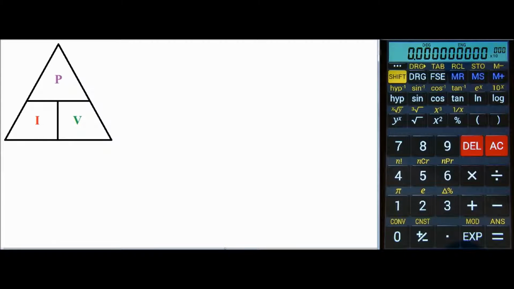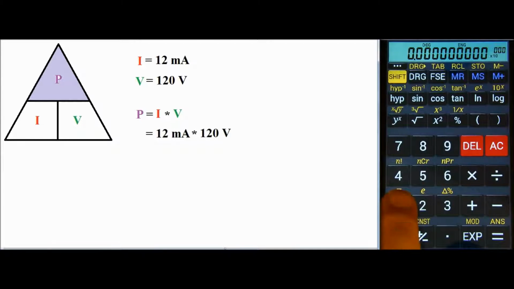Let's do some examples, starting with finding P. We have a current of 12 milliamps and a voltage of 120 volts, and we find P by covering it up, and it tells us that P is equal to I times V. I is equal to 12 milliamps times 120 volts.